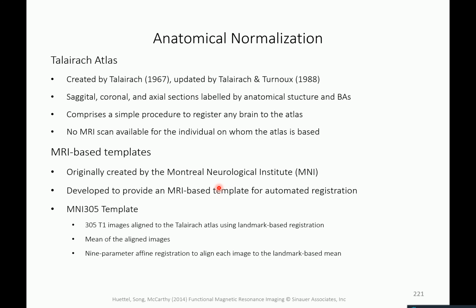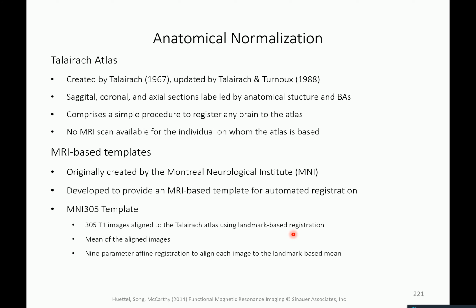What happened there is people acquired 300, for example, for this MNI 305 template. People at the MNI, so the Montreal Neurological Institute, acquired 305 T1 images, and they were aligned to the Talairach atlas using landmark-based registration. So for each of these images, the images were morphed so that they align with the Talairach image.